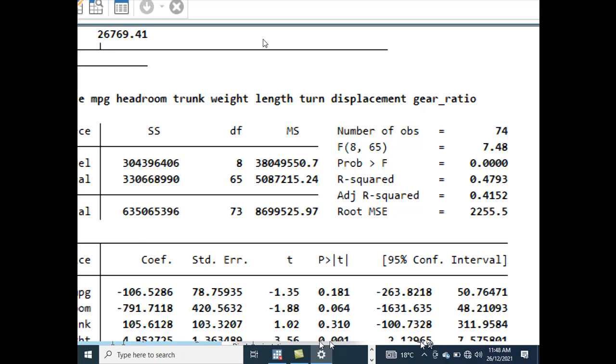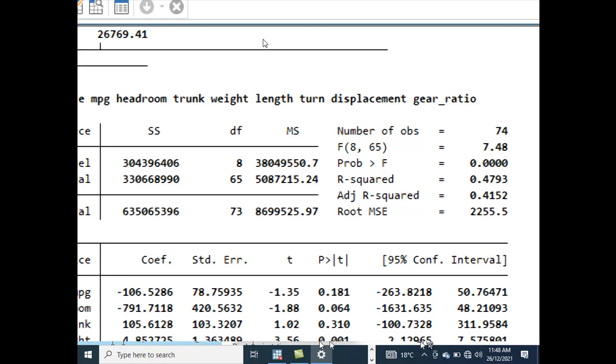Language can be different, but the meaning remains the same. The null hypothesis is saying that the fitted model is insignificant. जिसका मतलब क्या होगा? That the 8 explanatory variables are not significantly telling you anything about the price of a car. Your interest is to reject this hypothesis. If this hypothesis is rejected, इसका अल्टरनेट क्या है? At least one x variable is significant.